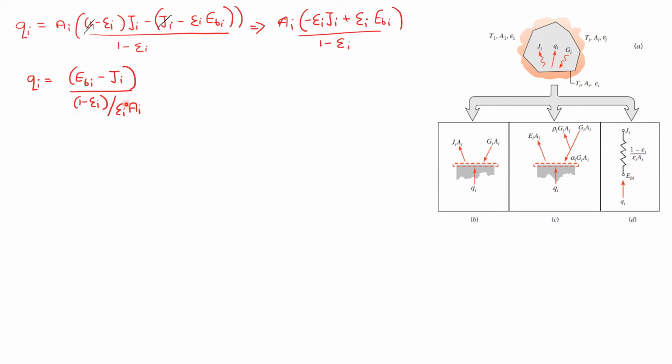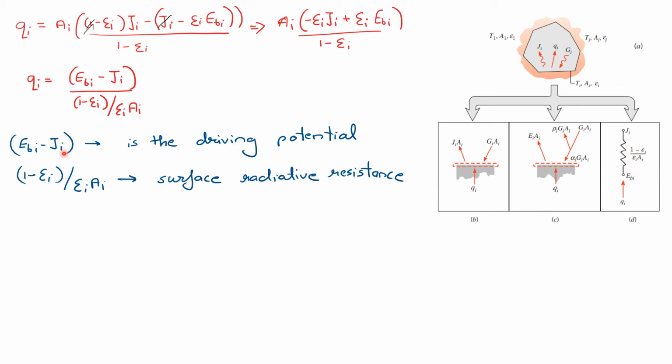Whatever is in the denominator is our resistance, and that's why our resistance here is 1 minus epsilon upon epsilon A. So our Ebi minus Ji is nothing but the driving force, and the denominator is nothing but the surface radiative resistance.